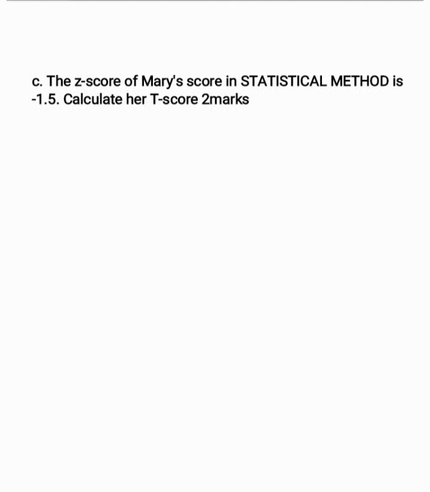All right, we move on. Here we have a question picked from the question shown earlier. The Z-score of Mary's score in statistical method is negative 1.5. Calculate the T-score. Already the Z-score is given. So remember, T-score is equal to 10Z plus 50.